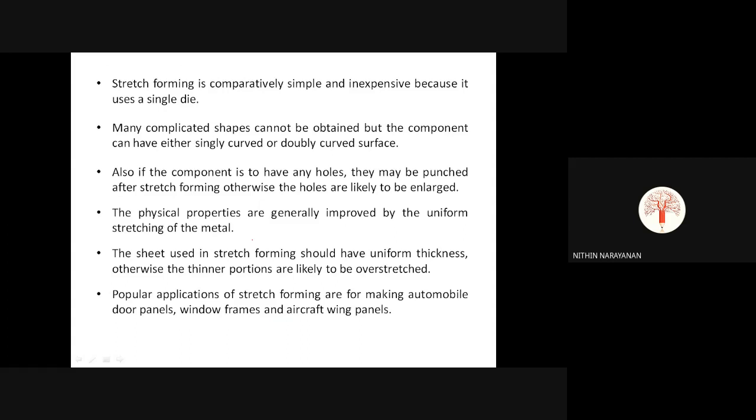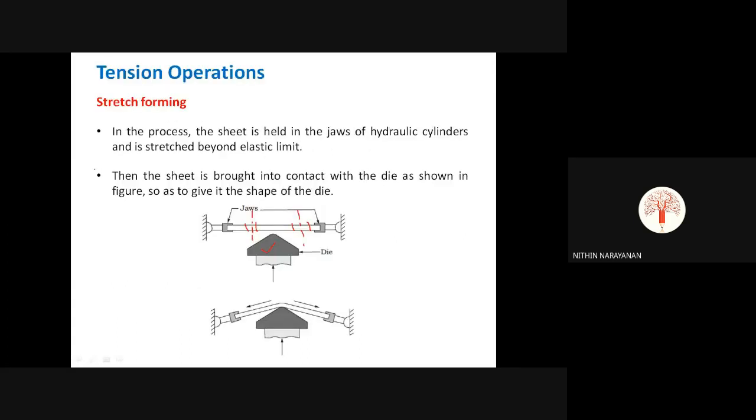Popular applications of such forming are making automobile door panels, window frames, and aircraft wing panels. Stretch forming is a tension operation. We elongate the sheet using hydraulic force, and after that we form it using a die. So we are deforming the sheet metal to a particular shape by applying tensile stresses.